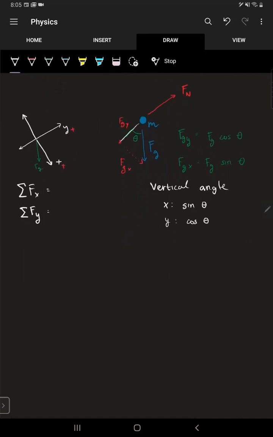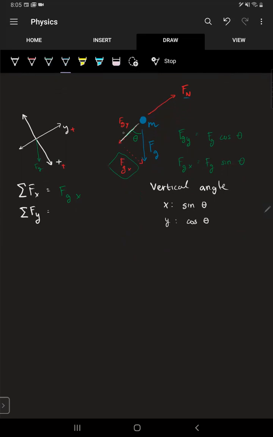Now, let's keep moving forward. What are all the forces that we have in the x direction? Well, if we remember the x direction, it's side to side, but in this case, it's diagonalish. So the only force in the x direction is this one right here, Fgx. What about the forces in the y direction? There's two.